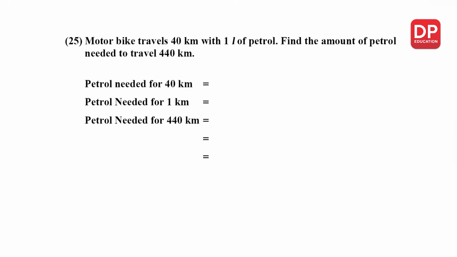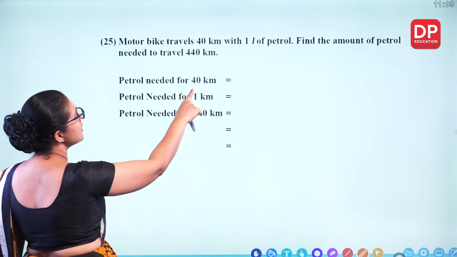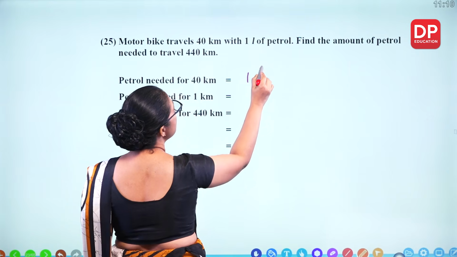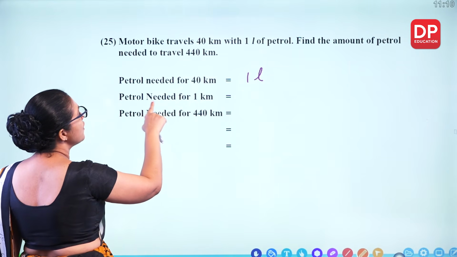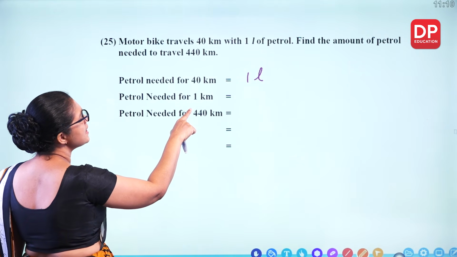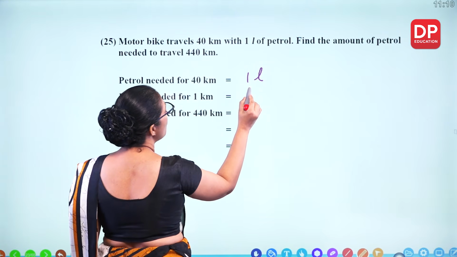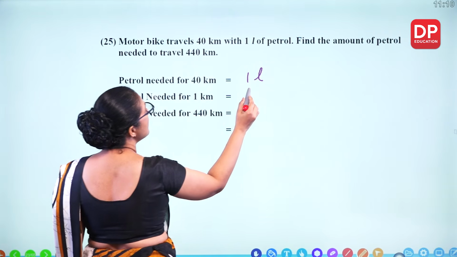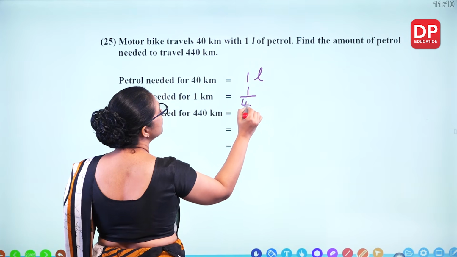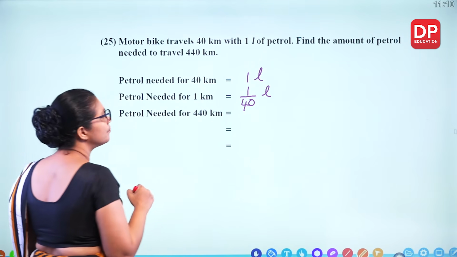Motorbike travels 40 kilometers with 1 liter of petrol. Find the amount of petrol needed to travel 440 kilometers. 40 kilometers, you need 1 liter of petrol. So petrol needed for 1 kilometer, that means 1 divide by 40.